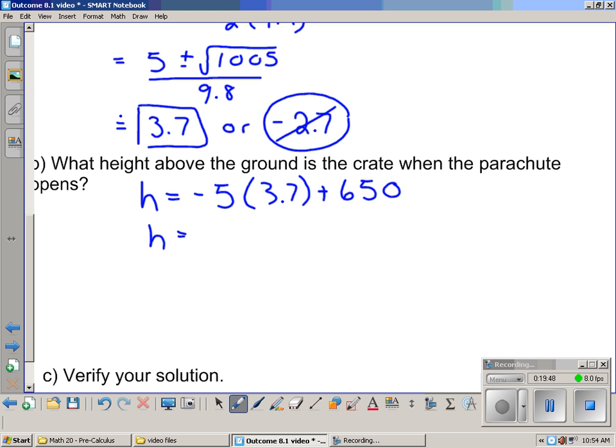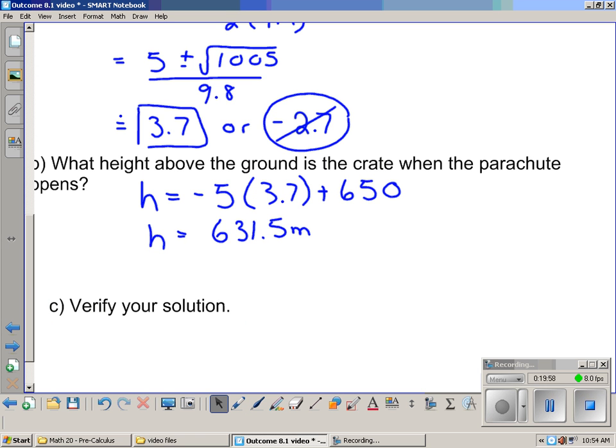So h is equal to, solving that gives me 631.5 meters. Part C asks us to verify our solution. To verify, we would need to substitute in 3.7 for t and 631.5 into both of our equations.